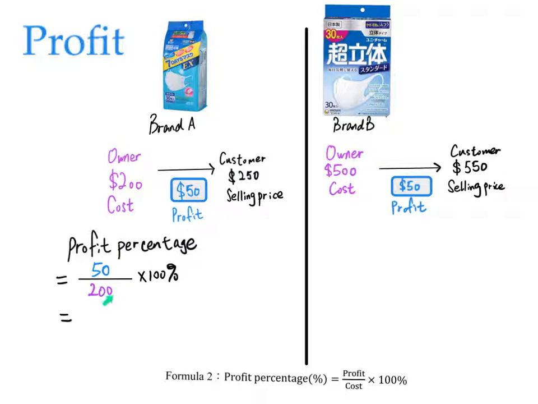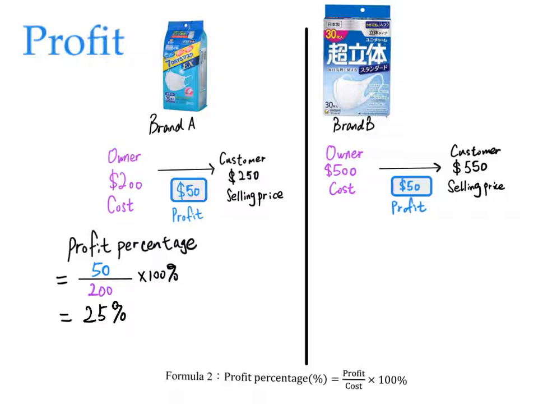Remember, the denominator is the cost, but not the selling price. The profit percentage is 25%.